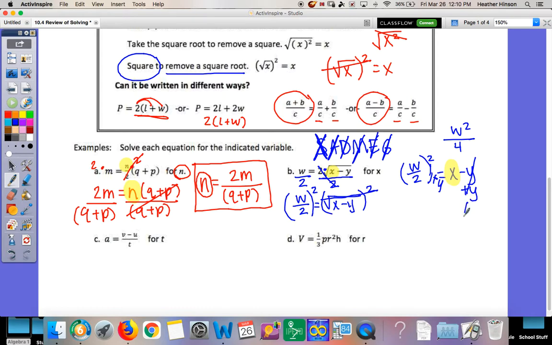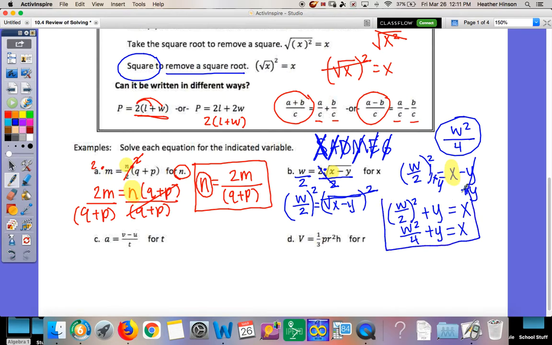So that'll leave me with x equals, and then your w over 2 squared plus that y. Or if you want to simplify it out to w squared over 4 plus y, that one's fine as well. Either of these work. I'm not exactly sure which one shows on your lesson, I can't remember, but both of these are correct.